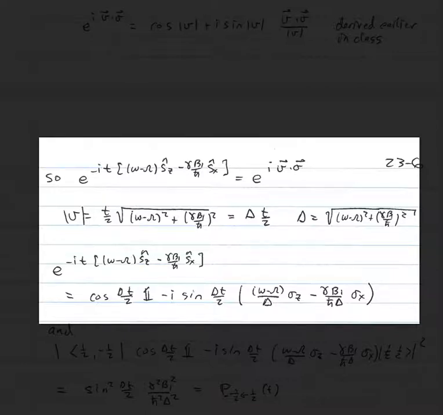Then e to the minus i t (omega minus omega Sz minus gamma b1 over h bar Sx) is going to equal cosine (delta t over 2) times 1 minus i sine (delta t over 2) times (omega minus big omega) divided by delta times sigma z minus gamma b1 over (h bar delta) times sigma x.